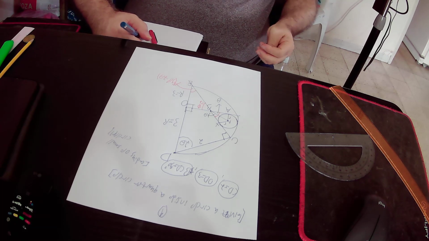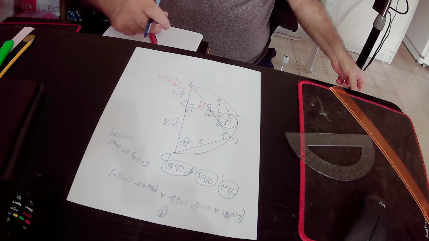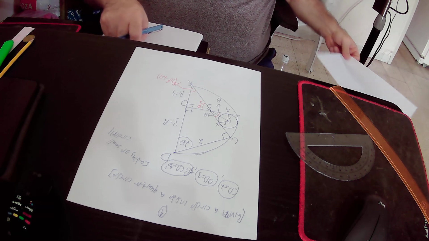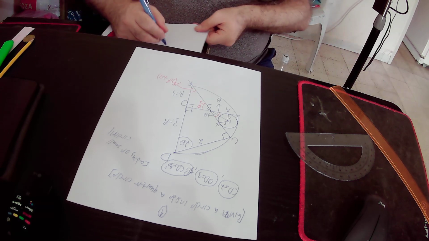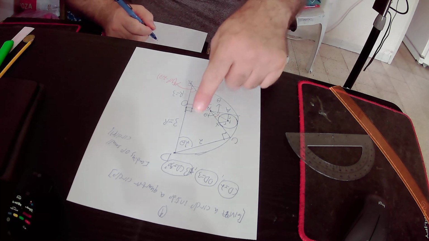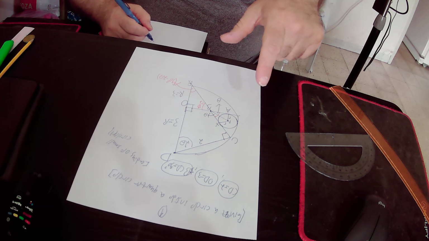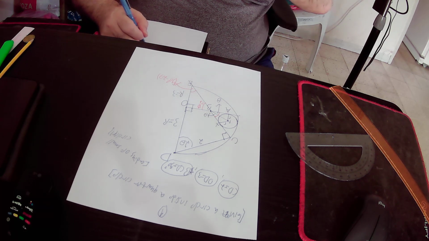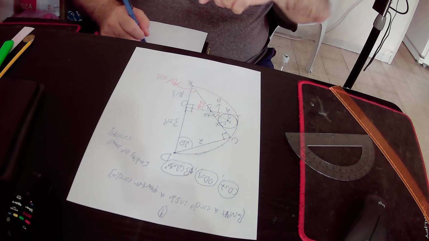So on triangle CDE, we know that tangent 2 theta equals CE over CD.